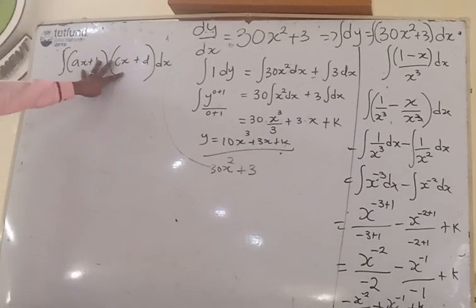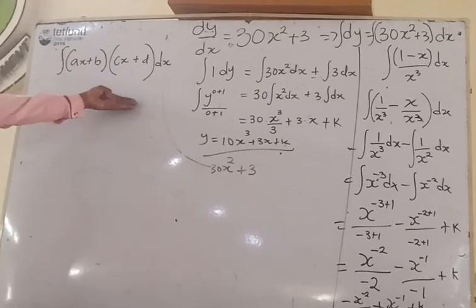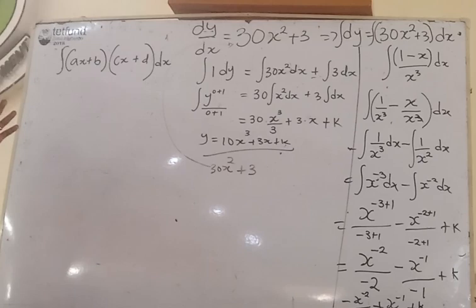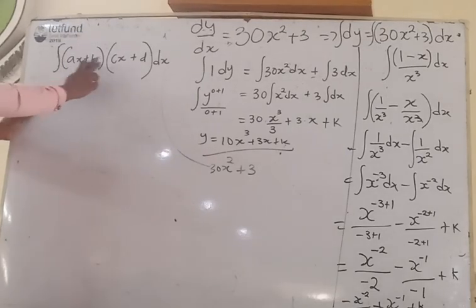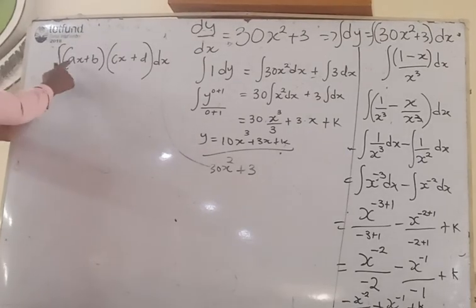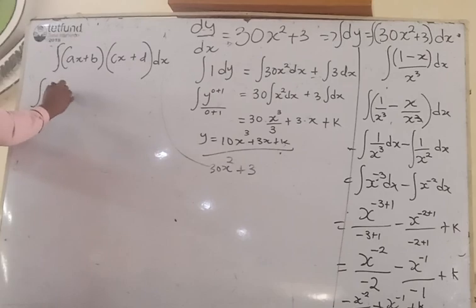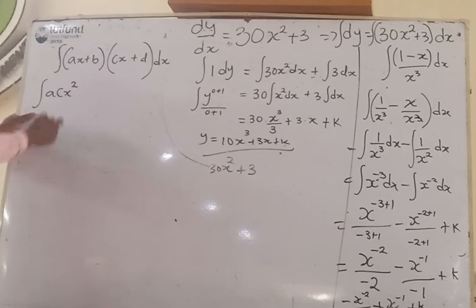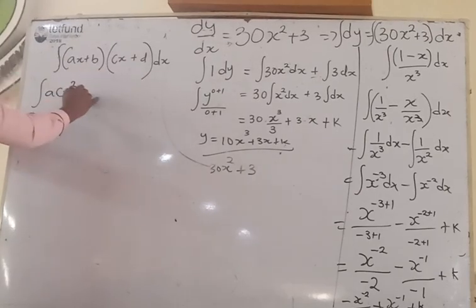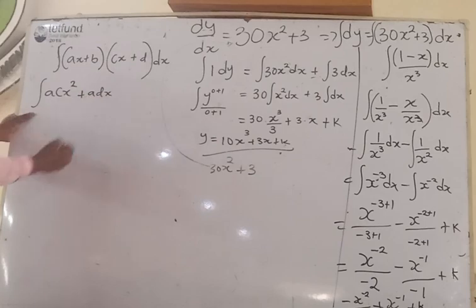But you can do this. I can multiply these two together. If I multiply these two together, what will be separating each of them is going to be addition or subtraction. Is that not so? Let's try it so that we'll see. If I multiply this and this, I'm going to get acx squared. Then this and this, I'm going to get adx.